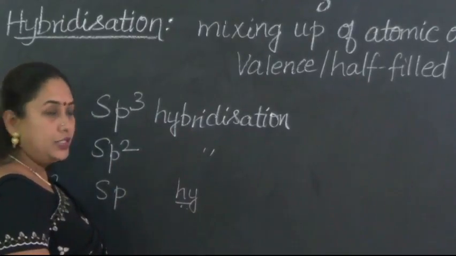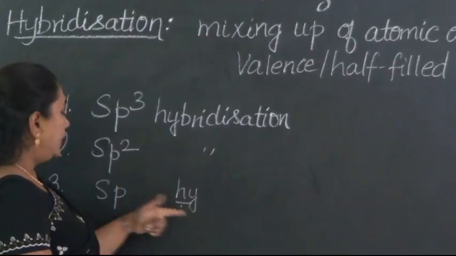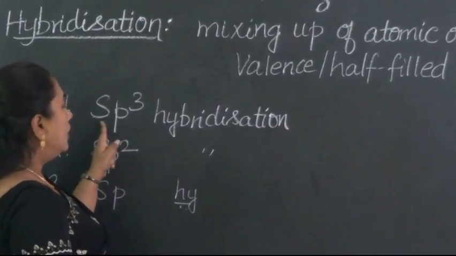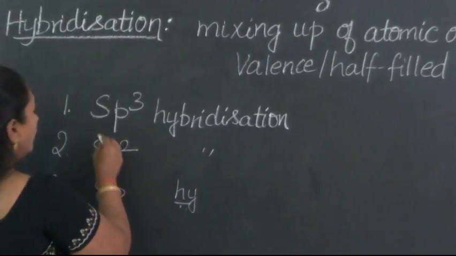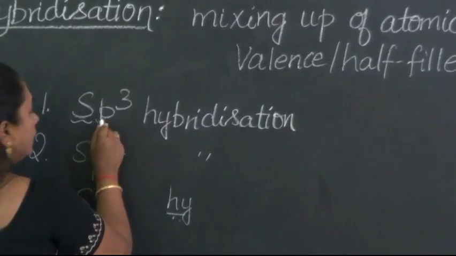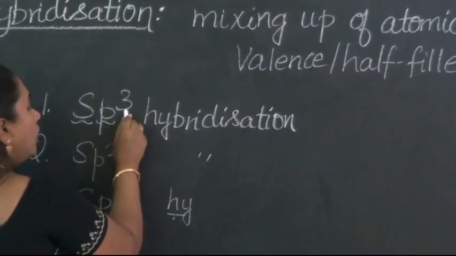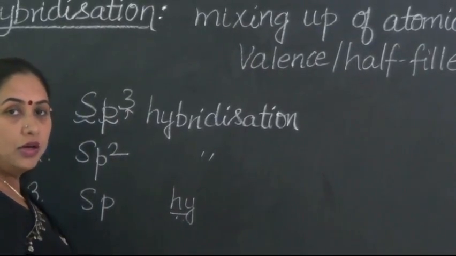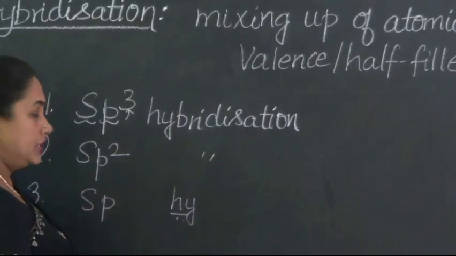SP3 hybridization, SP2 hybridization, SP hybridization. As we can see here with SP3, there is involvement of S atomic orbital and involvement of P atomic orbitals, and in this case all the three P atomic orbitals are undergoing the process of hybridization. That means they are undergoing the process of mixing.